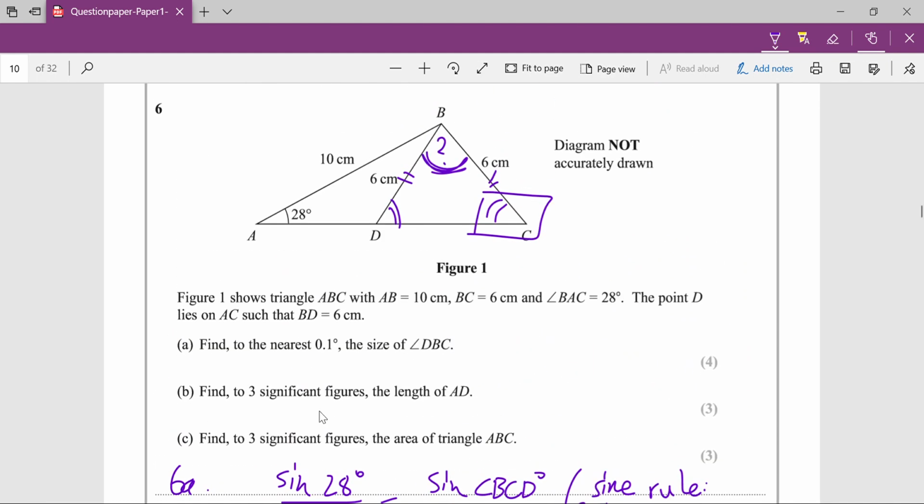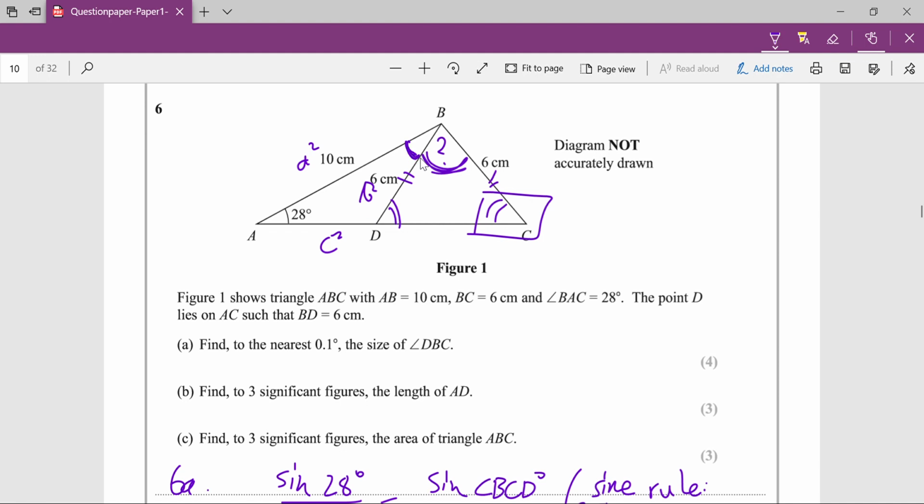Find to 3 significant figures the length of AD. So I am guessing here that we might want to be using the cosine rule. Let this be c squared is a squared plus b squared minus 2ab cos c.